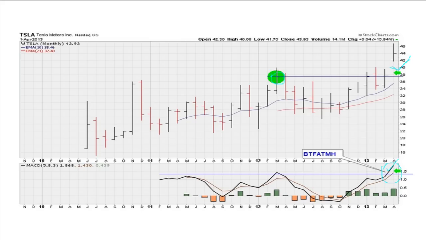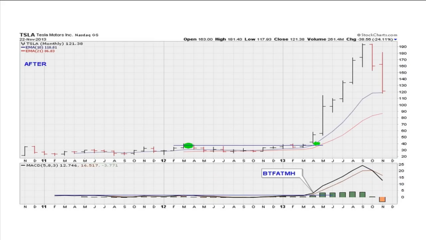Check. So we all know what happened after that. Tesla would go on to trade as high as 190 ever since it met our minimum requirements there. So that's how powerful this MACD setup can be.